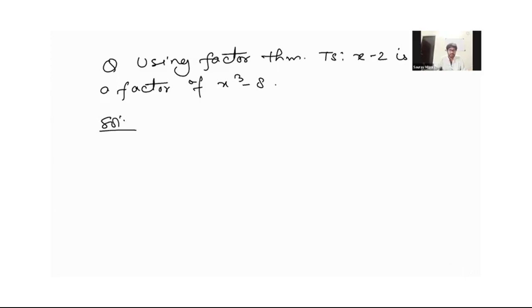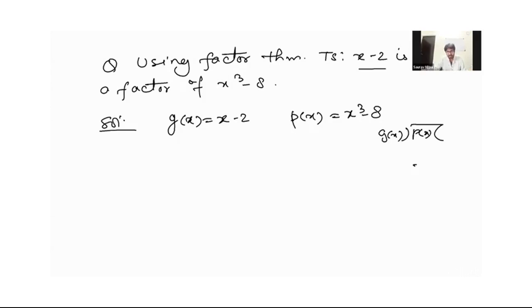So let's start. Let the given polynomial be g of x equals x minus 2, and let the polynomial which I have to check be p of x. They are asking whether g of x is dividing p of x or not, so look for the remainder.